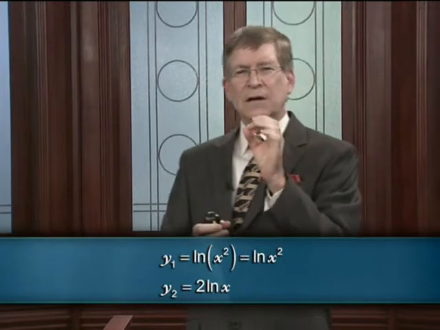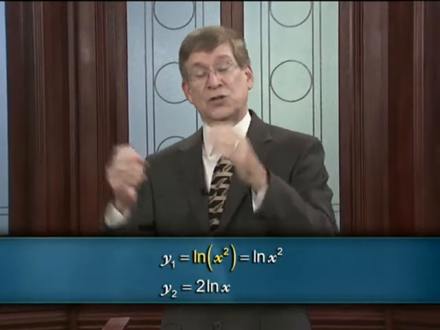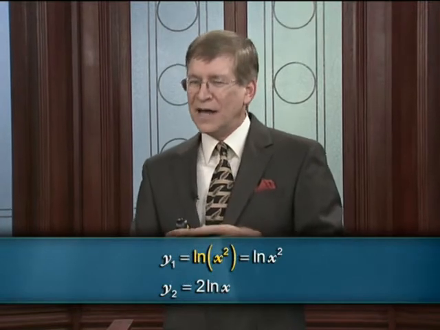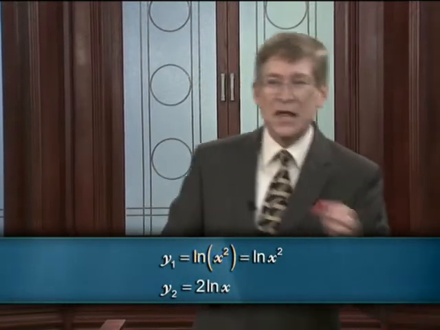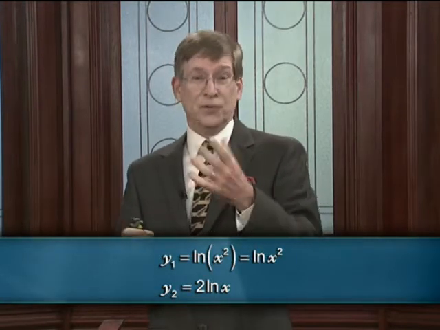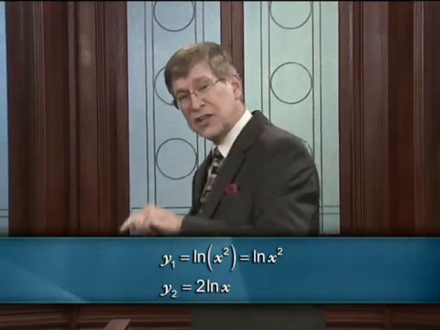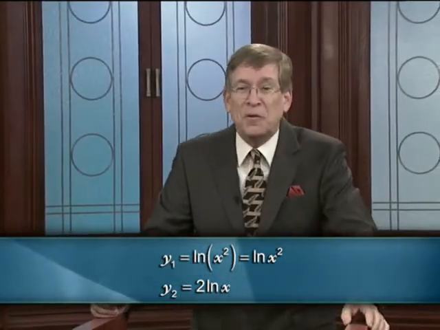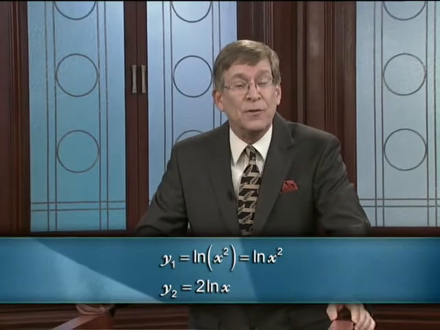What's the domain of log of the quantity x squared? Well, because x squared is positive except for 0, the domain of that function is all x except for 0. But what about that second function, 2 log x? Aha! Its domain is just x greater than 0.